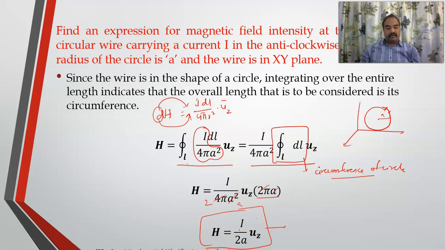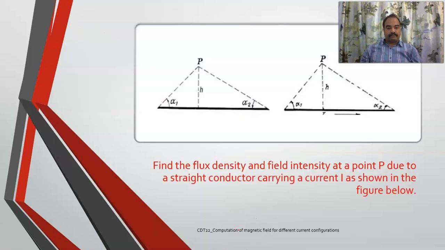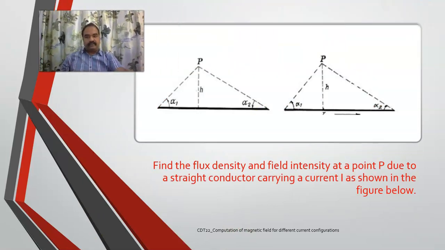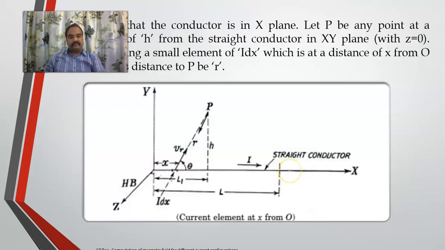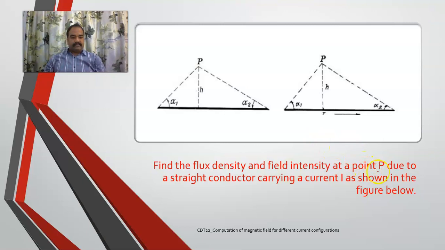Now, coming to the second problem. Find the flux density and field intensity at a point P due to a straight conductor carrying a current I, as shown in the figure below. So now this is a conductor.